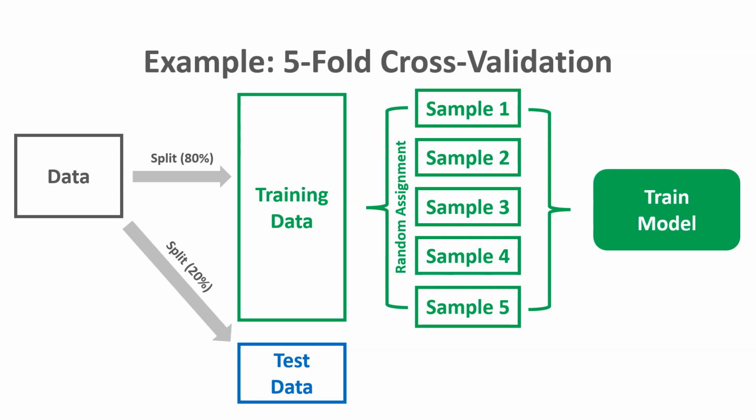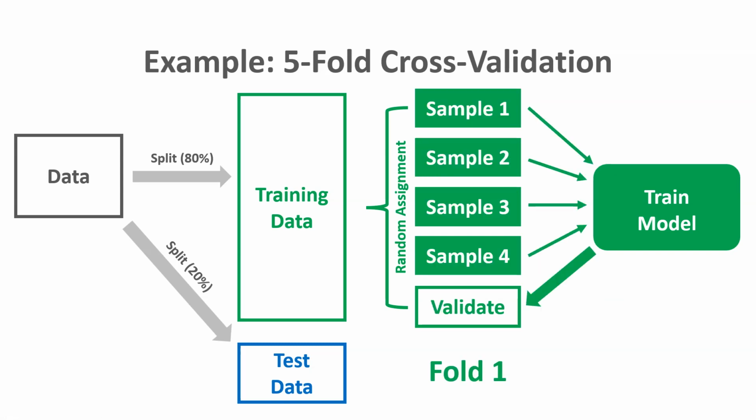So let's walk through an example of K-fold cross-validation, and specifically this will be 5-fold cross-validation, where we have 5 samples or 5 folds that we split our initial training data set into when we're trying to cross-validate the model. So we have 1, 2, 3, 4, 5 samples that we randomly split our training data set into in order to train the model.